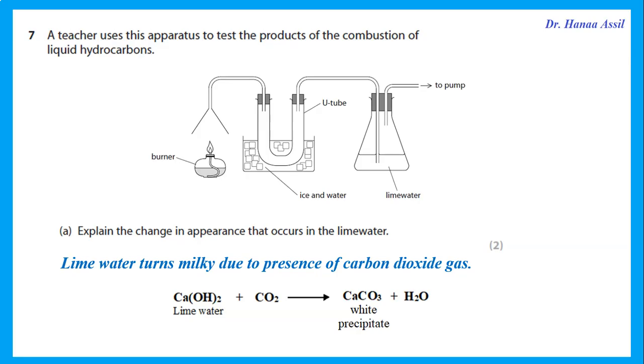So, calcium hydroxide plus carbon dioxide passing through it becomes calcium carbonate, and you should know that calcium carbonate is not soluble, so it precipitates out, and this is what we see as cloudy or milky or a white precipitate forming in the lime water.